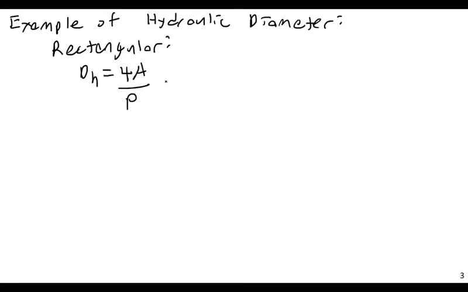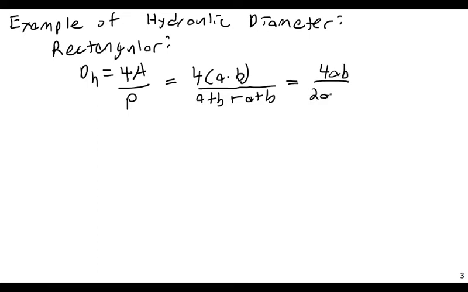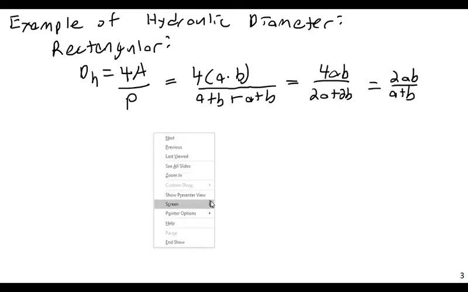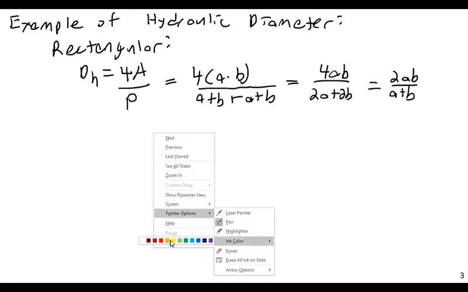The cross-sectional area is just going to be A times B. But then the wetted perimeter would be A plus B plus A plus B. So 4AB over 2A plus 2B, or just 2AB over A plus B. Although do keep in mind, this assumes the pipe is completely full.